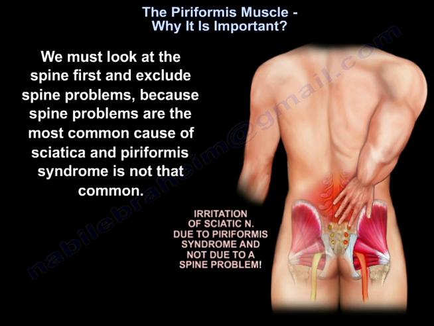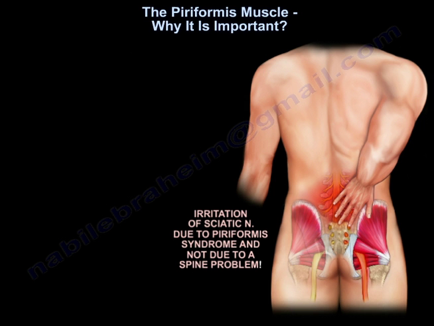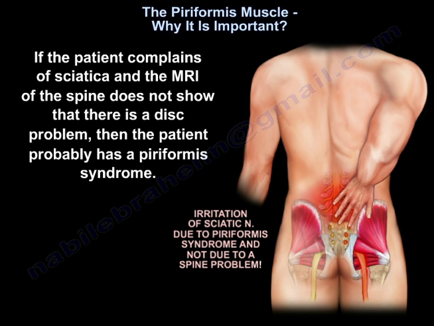We must look at the spine first and exclude spine problems, because spine problems are the most common cause of sciatica, and piriformis syndrome is not that common. If the patient complains of sciatica and the MRI of the spine does not show there is a disc problem, then the patient probably has a piriformis syndrome.